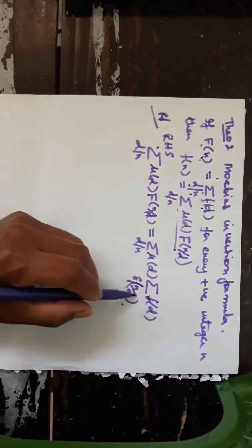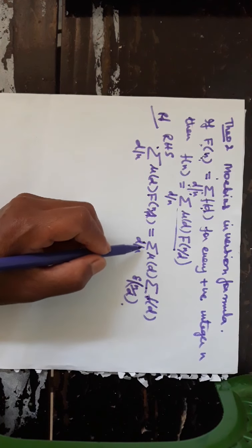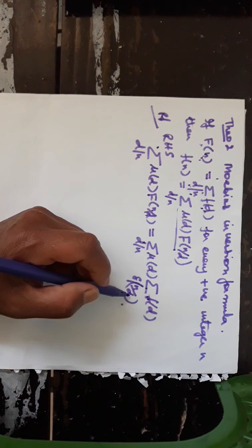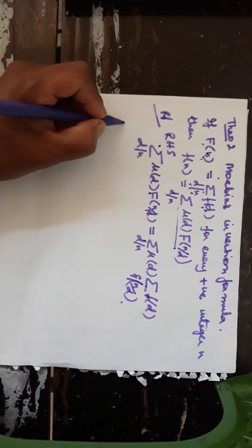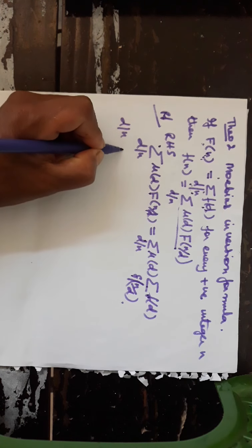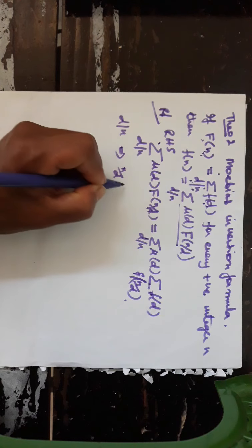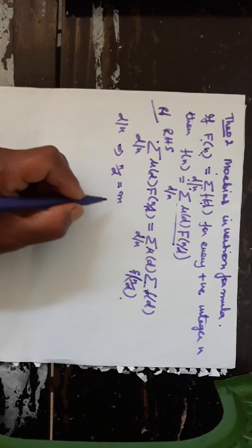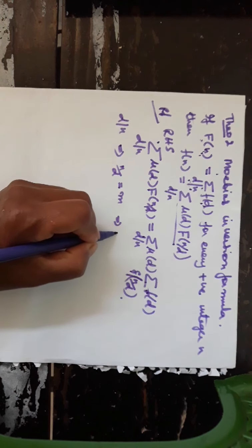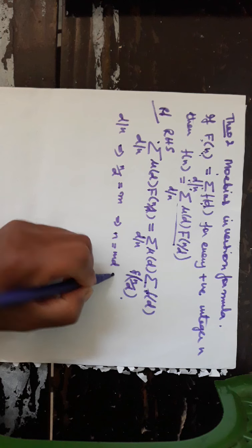So now we can interchange this summation. We'll put first delta divides n, or we can interchange this with n by delta, as in this case d divides n. This implies, by the definition of divisibility, that n upon d is equal to, say, m, an integer. So n is equal to md.